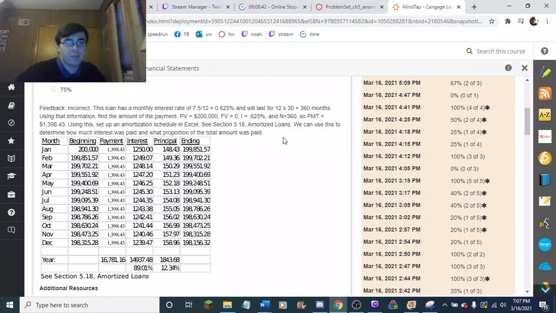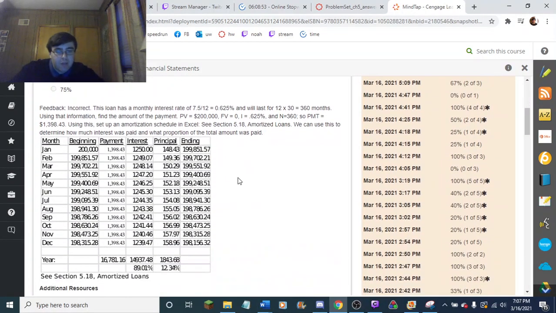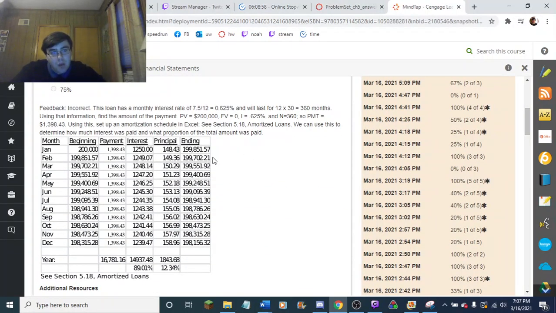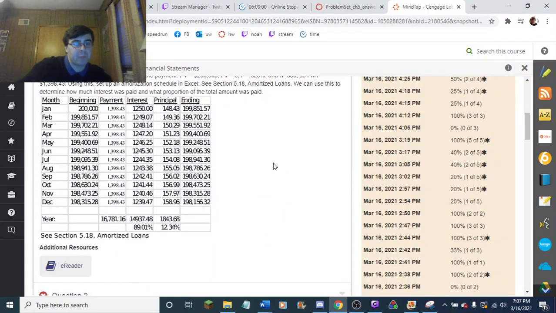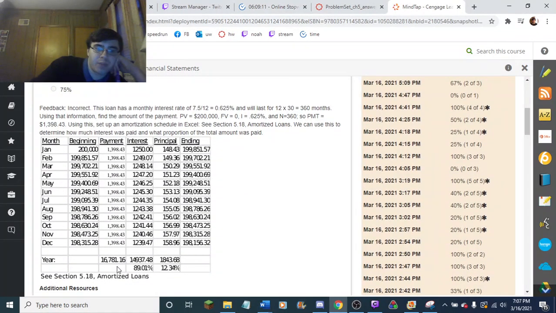Okay, so look at this question. What portion of the mortgage payments during the first year will go towards interest? What the heck? What portion? How? What the heck? So the payments are this.